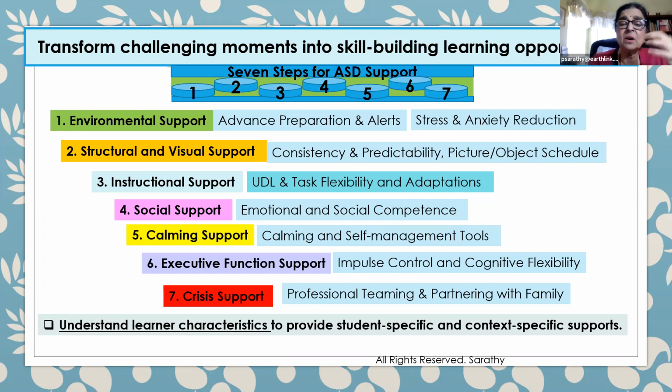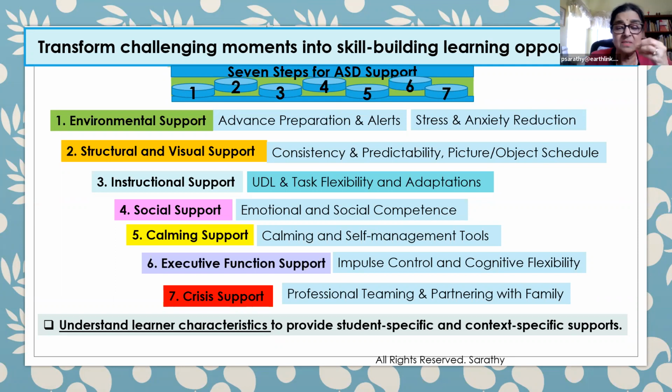And during the next webinar, I will focus on the social support. How do we build the students' emotional and social competence? How do we teach the student to use self-management tools to calm down? How do we strengthen the students' executive function, impulse control, and cognitive flexibility to be able to adjust to different perspectives and different situations? And finally, the crisis support.